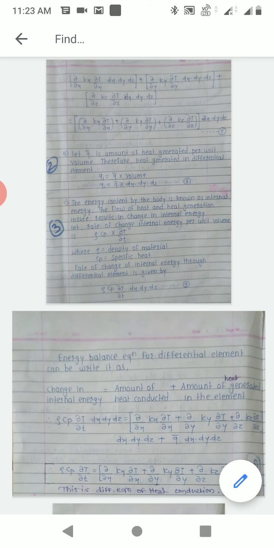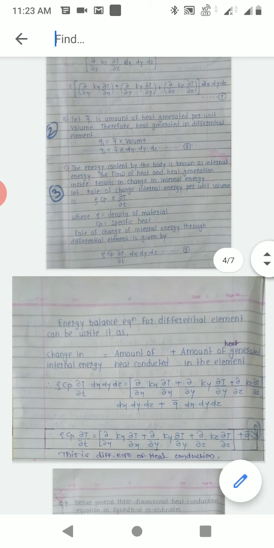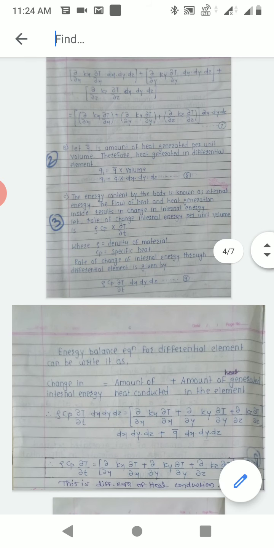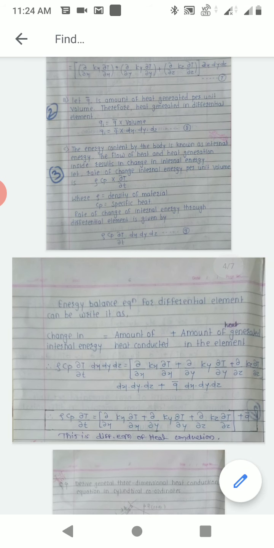Then dx dy dz is common throughout, so we cancel it and get rho Cp ∂T/∂t equals [∂/∂x (kx ∂T/∂x) + ∂/∂y (ky ∂T/∂y) + ∂/∂z (kz ∂T/∂z)] plus q bar, the amount of heat generated per unit volume.